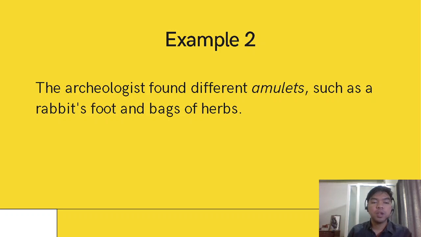Example number two, the archaeologists found different amulets, such as a rabbit's foot and bags of herbs. Amulets is the unfamiliar word in the sentence, and the author gave us examples like rabbit's foot and bags of herbs for us to better understand what he meant by the sentence.